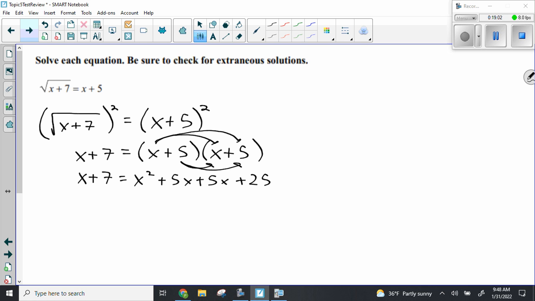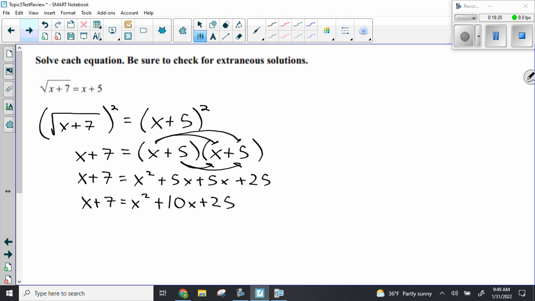Let's go ahead and just combine like terms over here on the right-hand side of our equal sign. And now it looks like I have a quadratic equation that I need to solve.